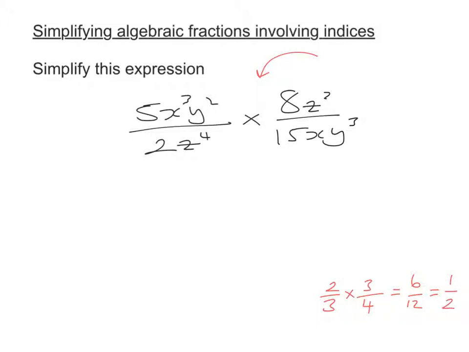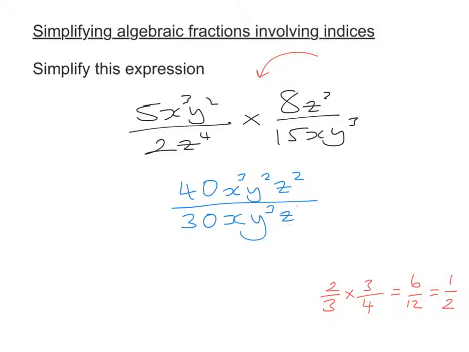So let's apply the same approach to this fraction. Let's multiply the numerators, which gives me 40 x cubed y squared z squared. Multiply my denominators, which gives me 30. I'm going to write the letters alphabetically this time: x, y cubed, z to the power of 4.